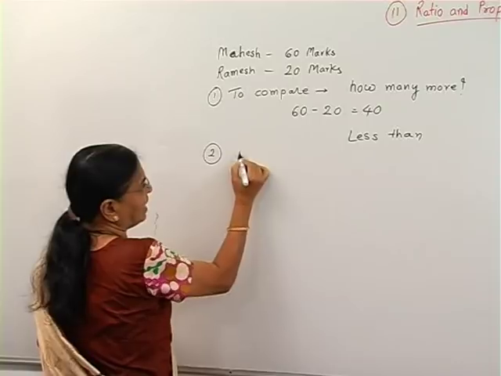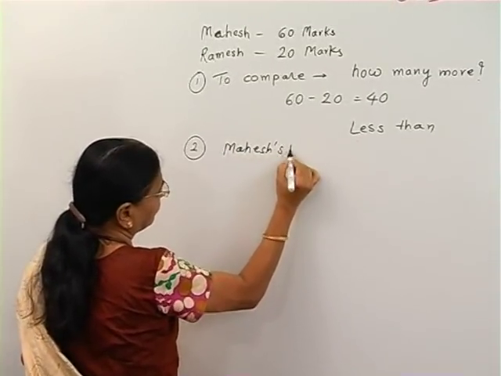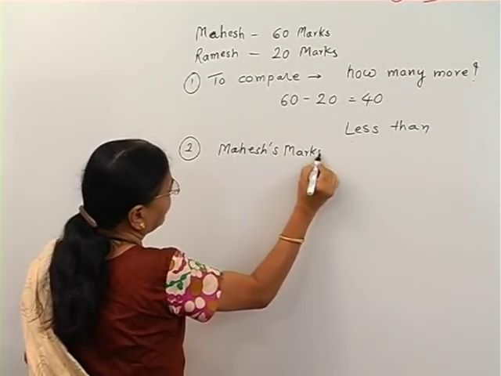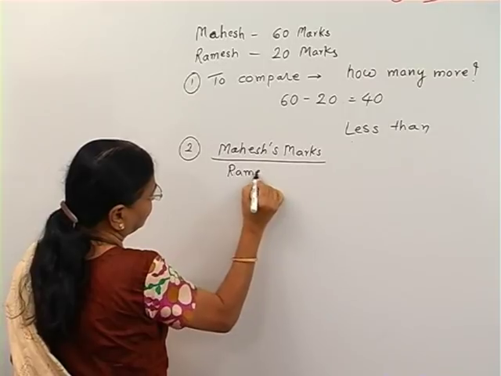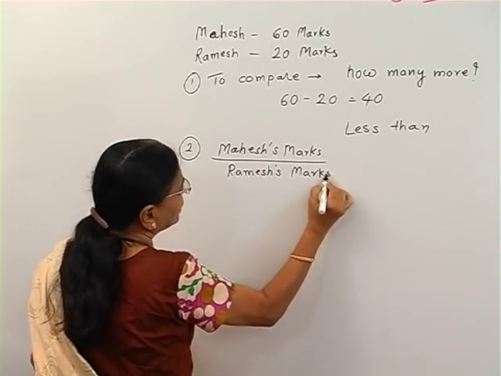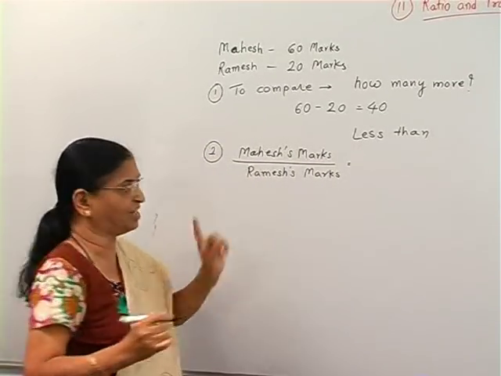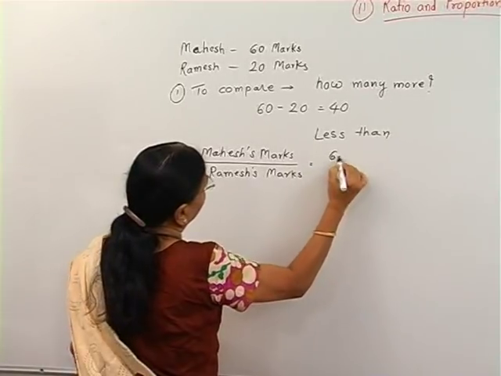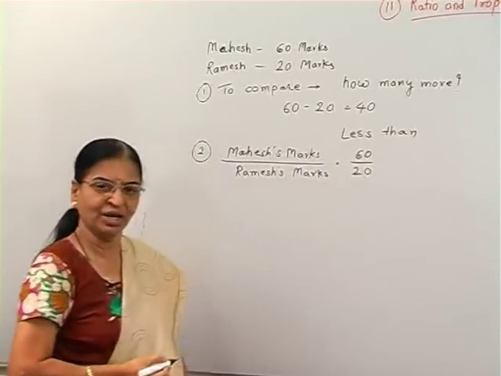So I will say Mahesh's marks divided by Ramesh's marks. This is not subtraction now, but division. So how will I divide it? Of course, 60 divided by 20.